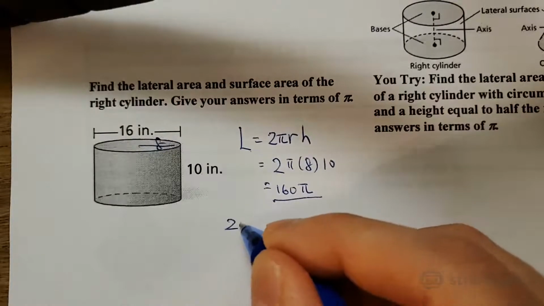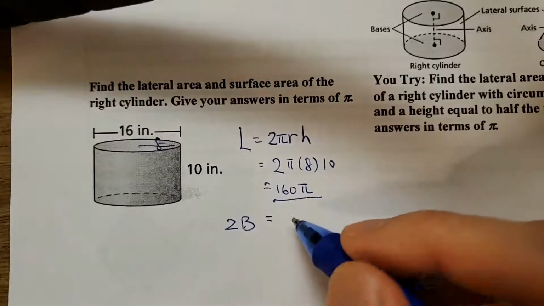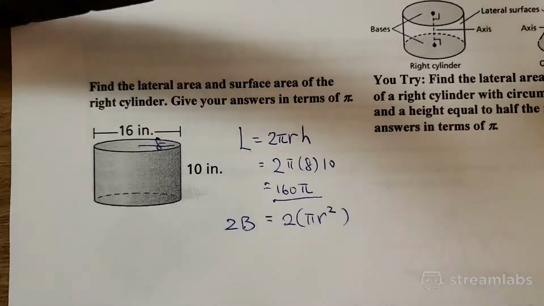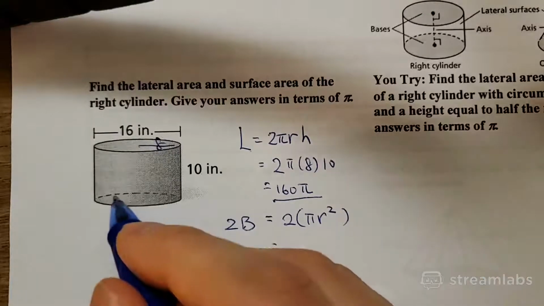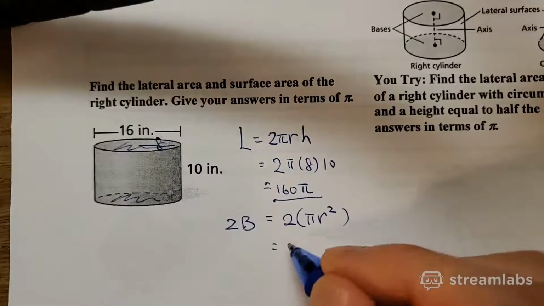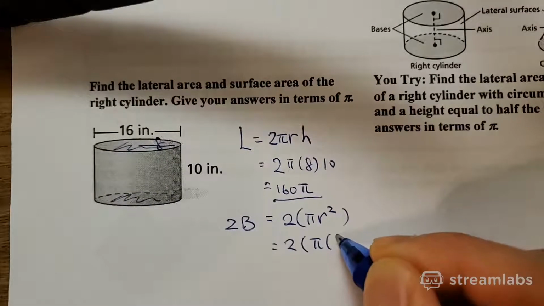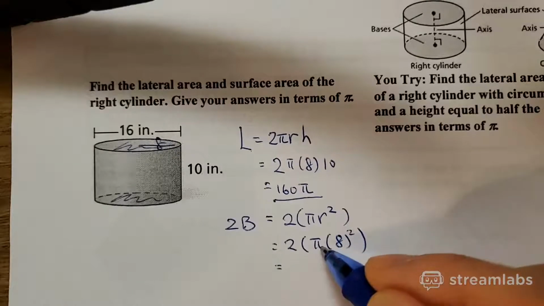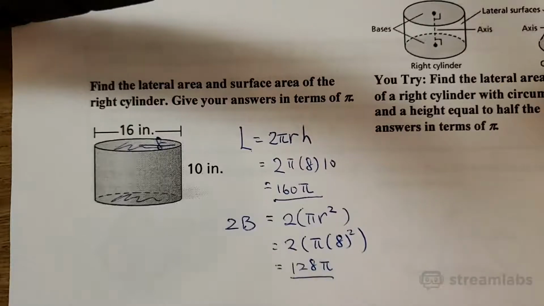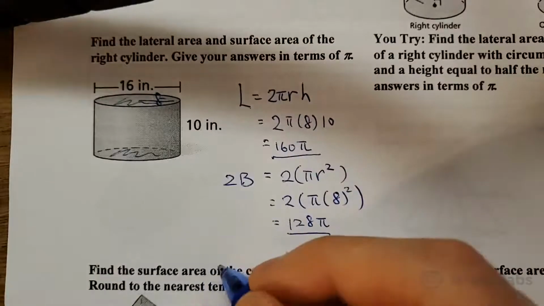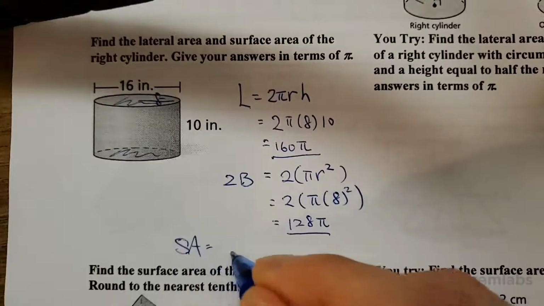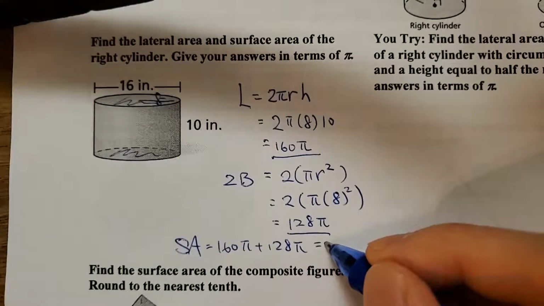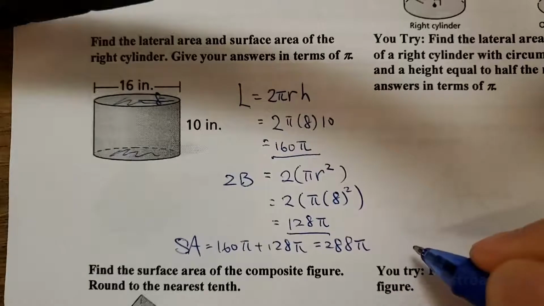My 2 base area is going to be 2 times pi r squared, because it's a circular area. 2 pi times 8 squared, so that's going to be 64 pi, so 128 pi. Okay, and you add them up. So SA is equal to 160 pi plus 128 pi. Together is 288 pi. This is inches square.